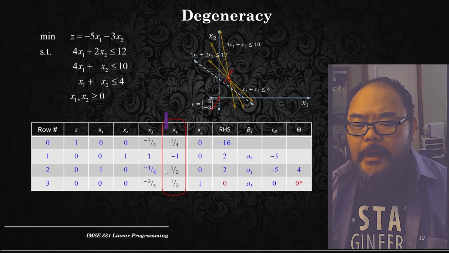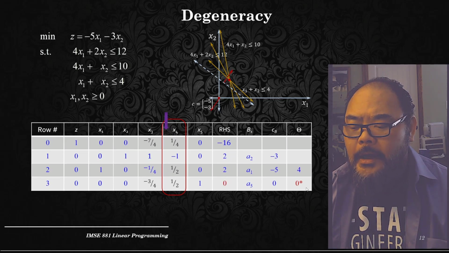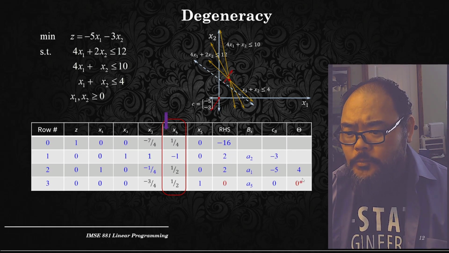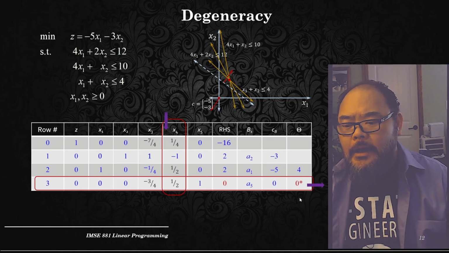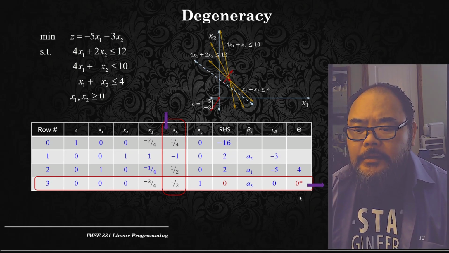So 2 divided by 1/2 equals 4. 0 divided by 1/2 is still 0. So this will be the leaving variable, which is x5 leaving the basis.